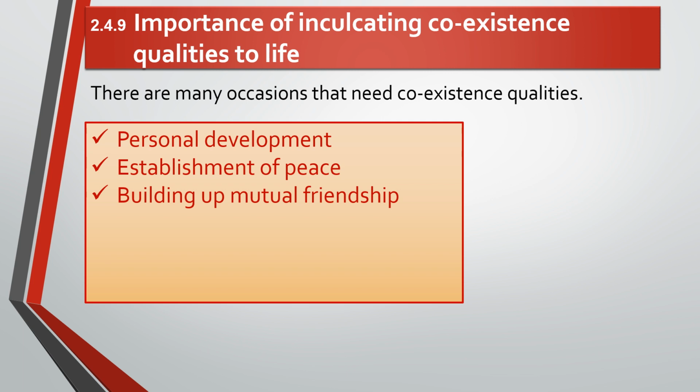So, by doing certain tasks, we need to ensure our friendship with others. Acceleration of social development. Wherever you can see coexistence, the development will automatically take place. That grows very fast.